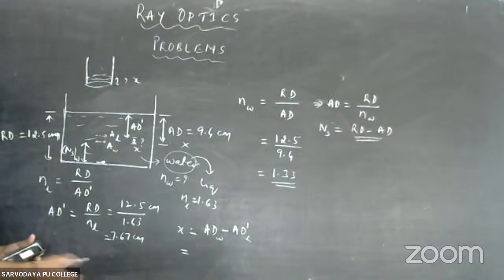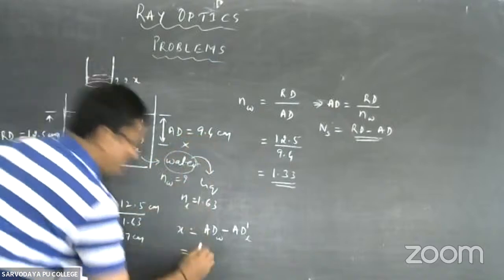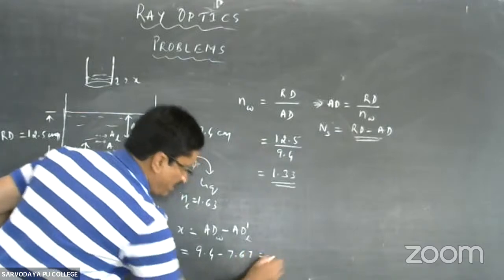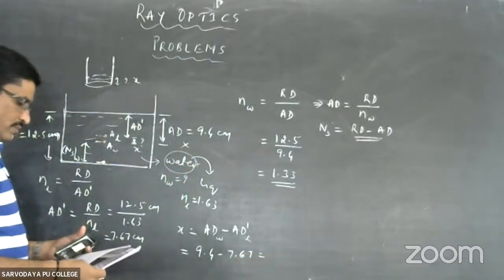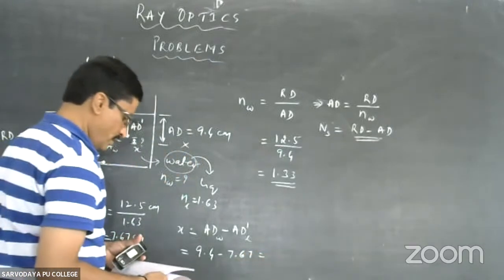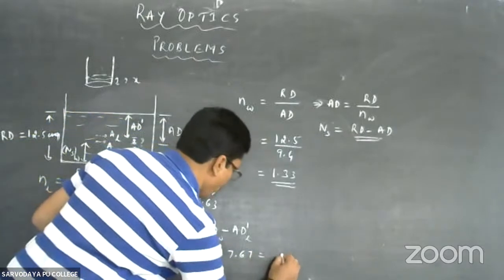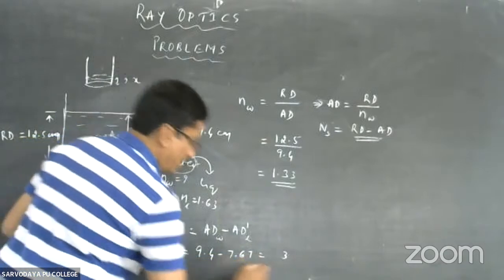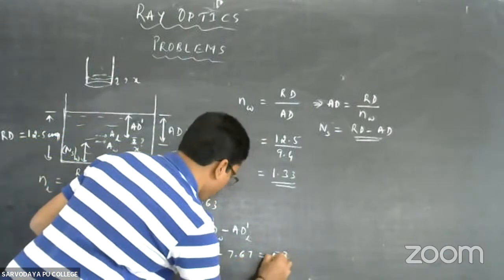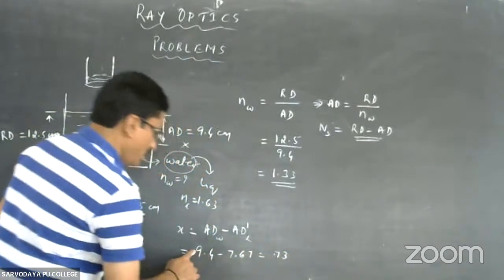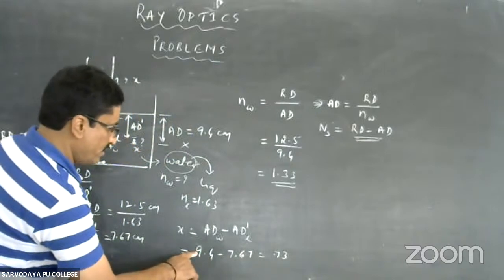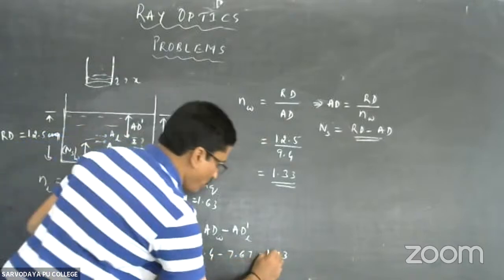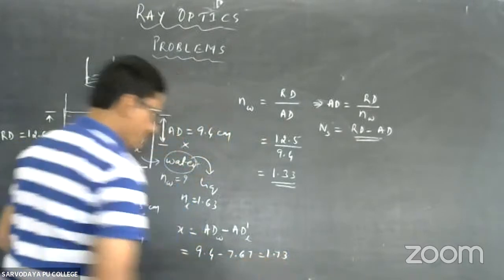Therefore, apparent depth here is 9.4 minus 7.67. Therefore, the answer comes out to be 1.73.